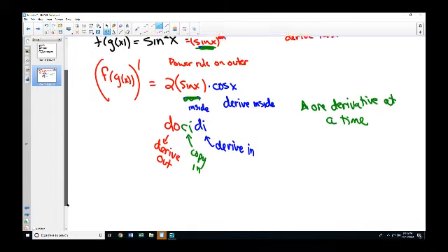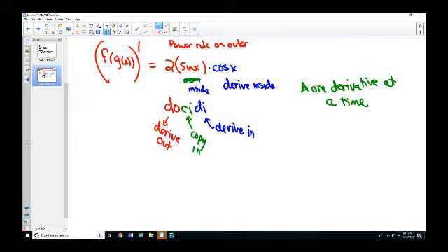Formally, if you look in your book, this is what the derivative will look like if you're just using function notation. If I want to derive this composed function, what's the outer? Yeah, f. So we do f prime, right? Derivative of the outer. What do I do with the inside?